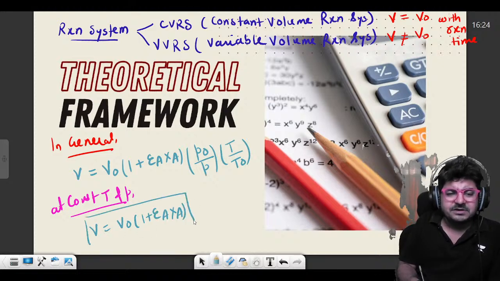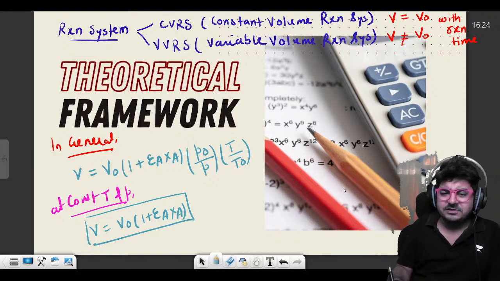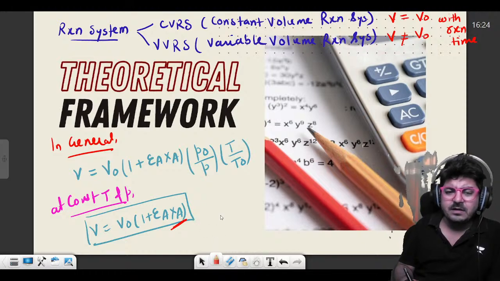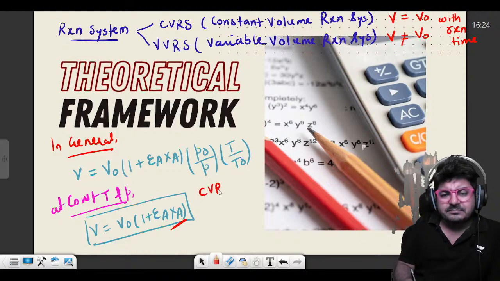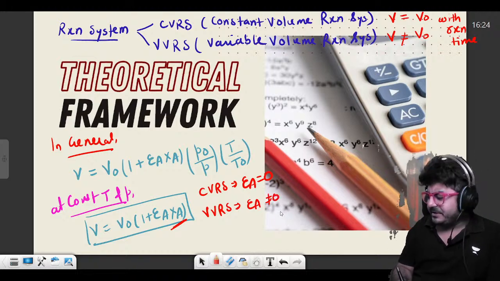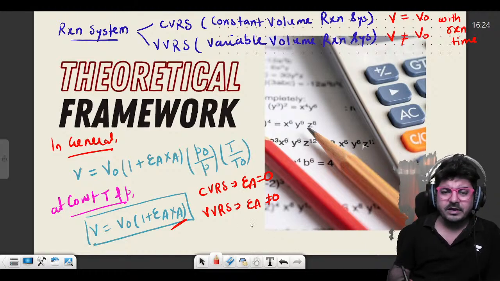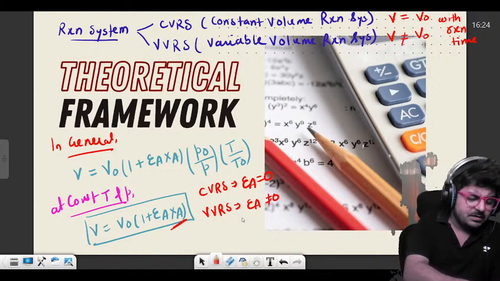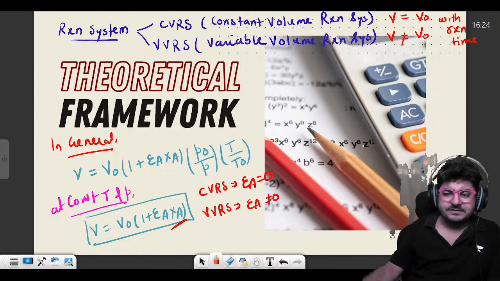These are the general expressions for volume of reaction mixture with reaction time or reaction progression, since XA is coming. And here I hope you guys understand that for constant volume reaction system, the value of epsilon A will be 0. And for variable volume reaction system, the value of epsilon A will be non-zero. It could be negative, it could be positive, doesn't matter. Okay. And how can you calculate epsilon A, that we will see when we will talk about the kinetics.